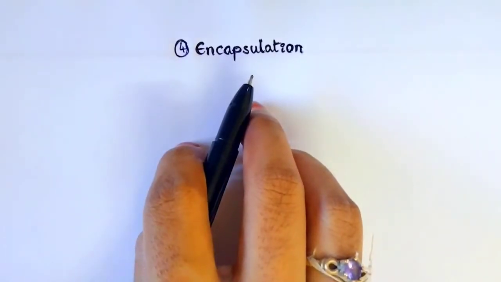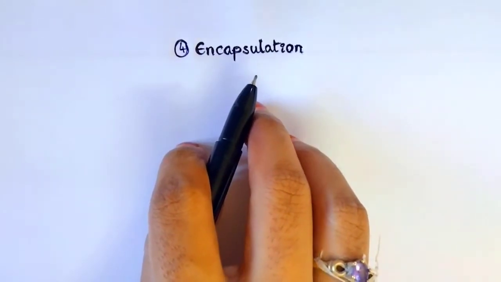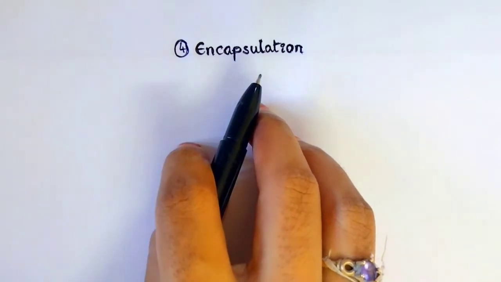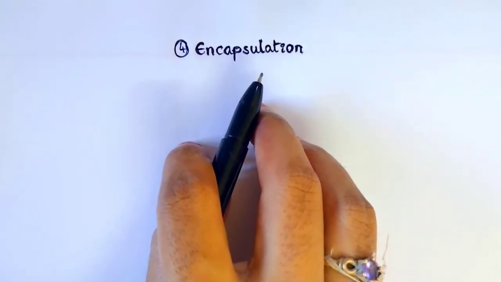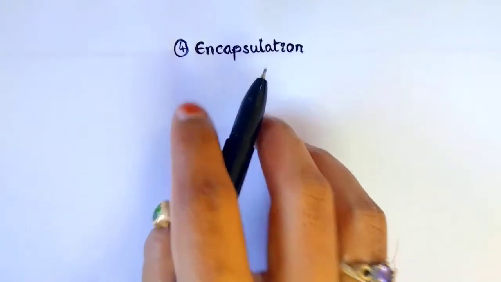Coming to the fourth one, that is encapsulation. What is encapsulation? It is binding the data of variables and methods into a single unit. Let's write.